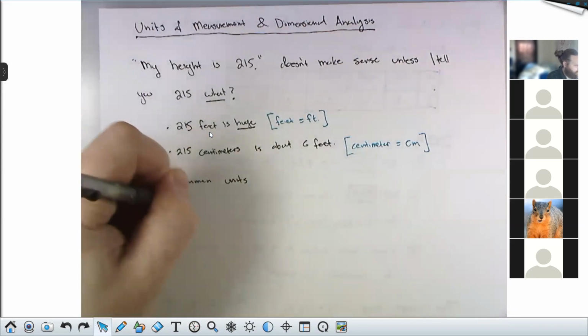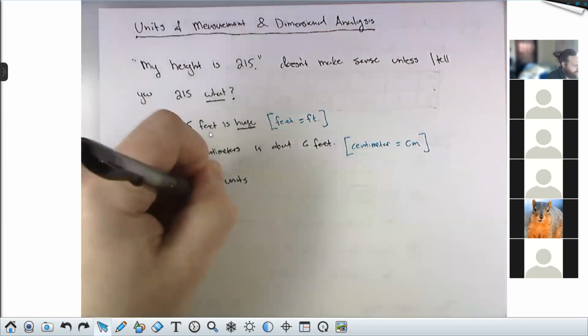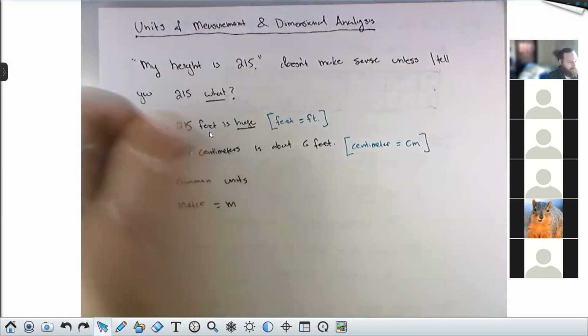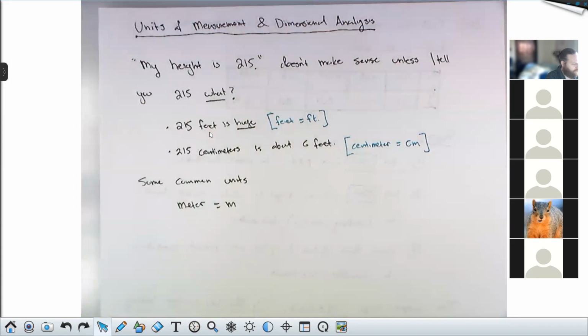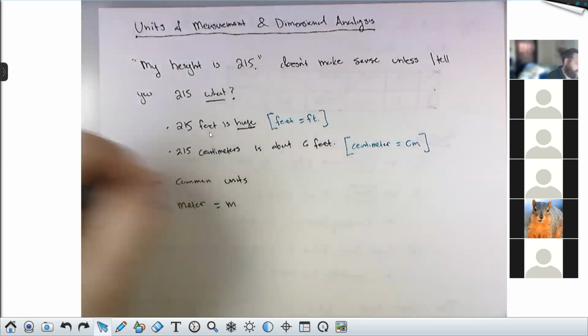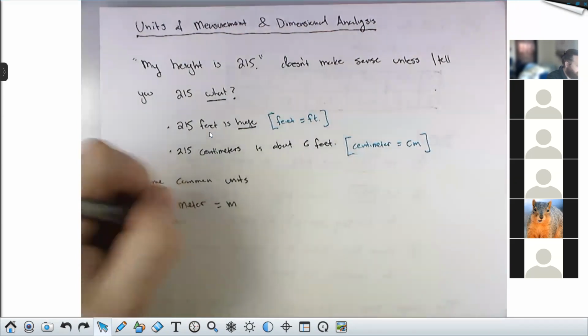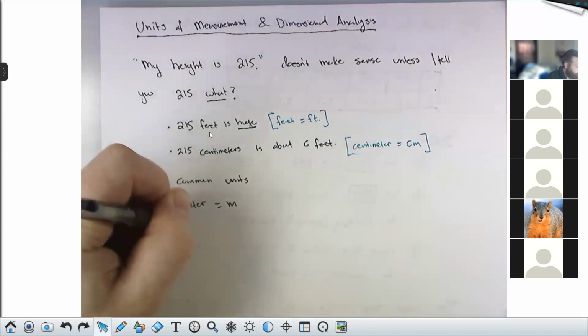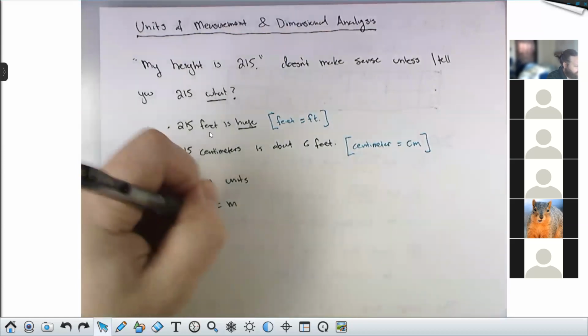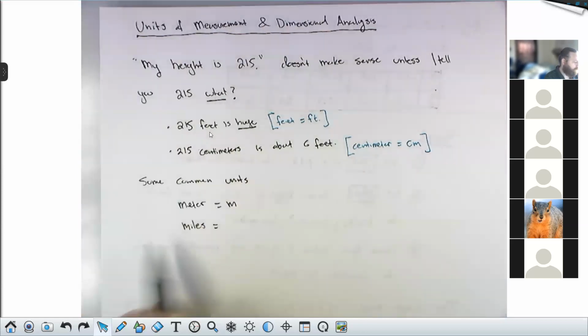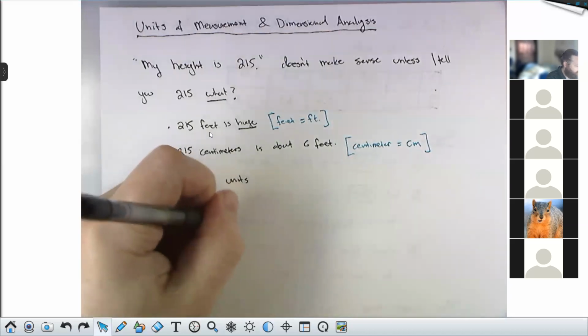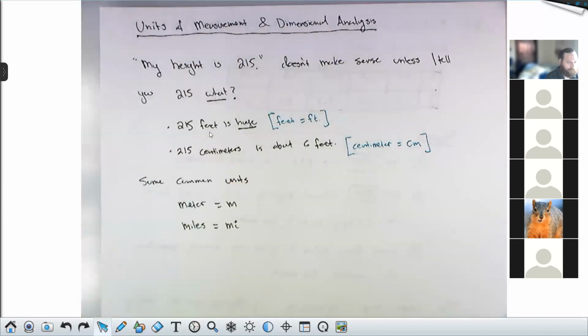The meter, which we just write M, right? And a meter is about 1 yard, about 3 feet. The foot, obviously, we've mentioned there. Miles. And this, some people abbreviate this as MI.